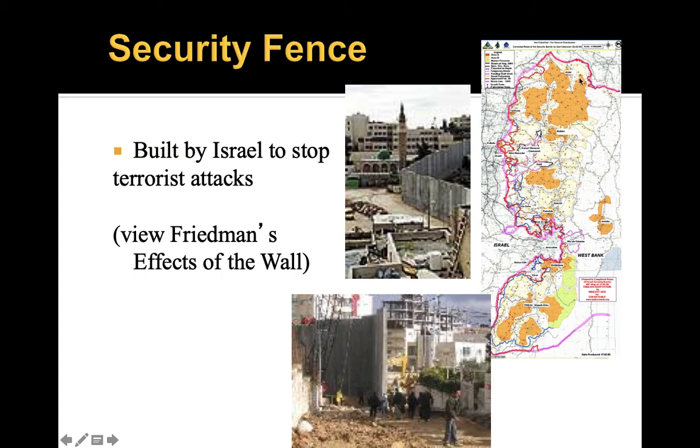This pink and reddish area is a whole series of walls that Israel has built to try to wall in the Palestinians, to keep them separate from Israeli populations and try to prevent terrorist attacks. So this has been a big sticking point between the two groups, and most of the outside world has really condemned this security fence as a real human rights violation. And so that's been one of the key issues.